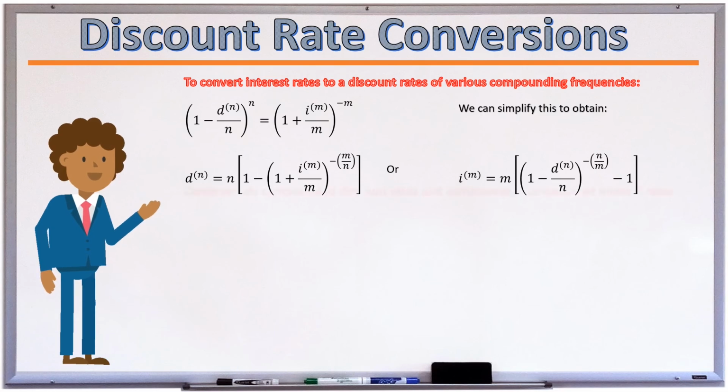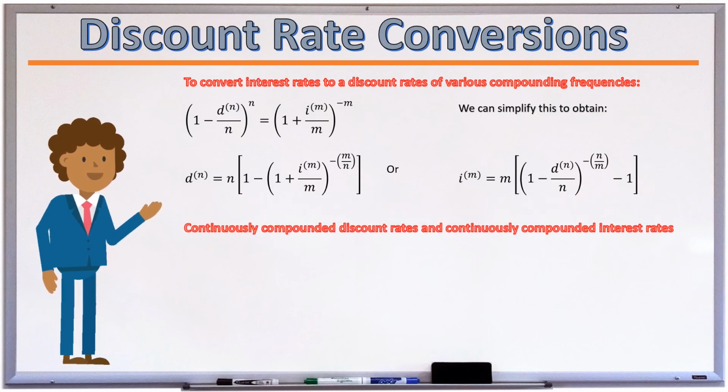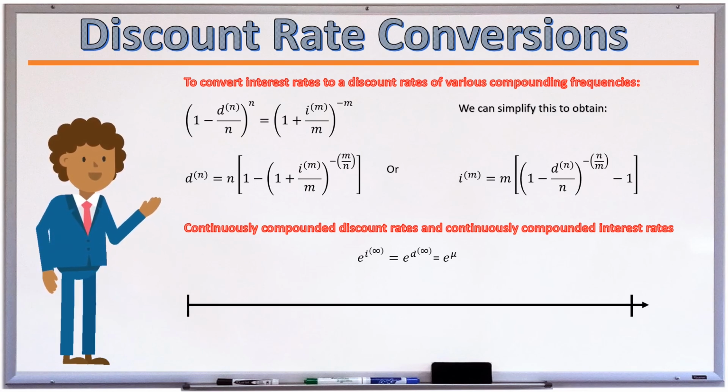Continuous compounding for discount rates. It can be shown mathematically that a continuously compounded discount rate is exactly equal to a continuously compounded interest rate. To see why this is true, recall that a discount rate expresses the amount of yield that is earned at the beginning of a compounding period, expressed as a discount to the maturity value, whilst an interest rate is the amount of yield earned at the end of a compounding period.